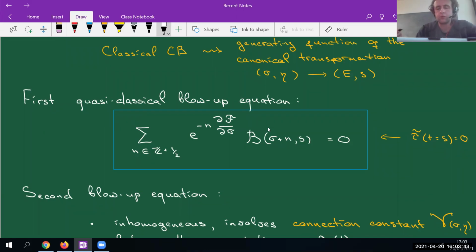So knowing the solution of Mathieu equation, you can compute the solution of Painlevé 3 and vice versa. This will be the main message.